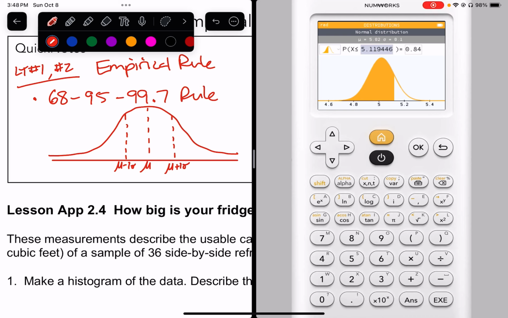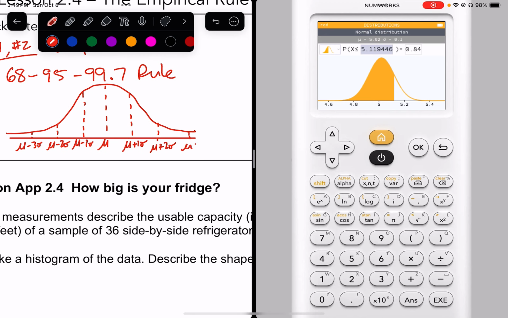Our next one out is mean plus 2 standard deviations, and similarly, mean minus 2 standard deviations. And then all the way out here, mean minus 3 standard deviations, and on the right-hand side, mean plus 3 standard deviations.